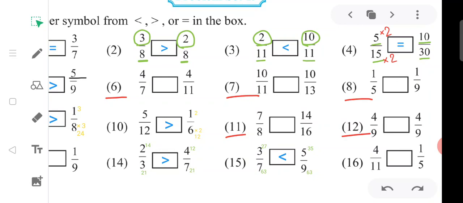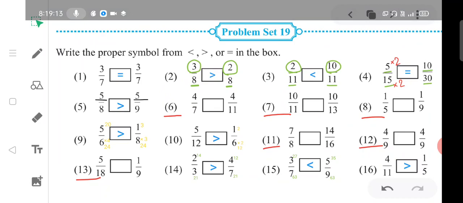If we multiply 11 by 5, we get 55. So we need to multiply 4 by 5. 4 fives are 20. And see, if we multiply 1 upon 5 by 11, we get 11 upon 55. So which one is bigger? Obviously, 20 upon 55 is bigger. So here 4 upon 11 is greater than 1 upon 5.